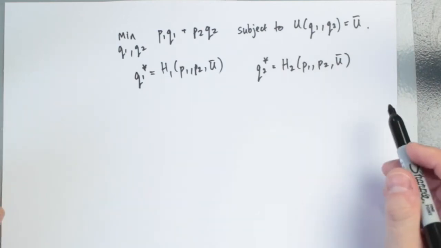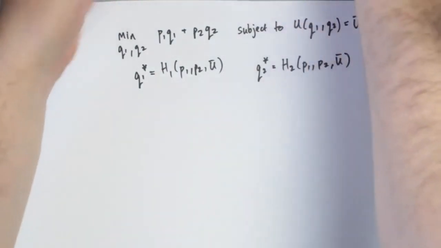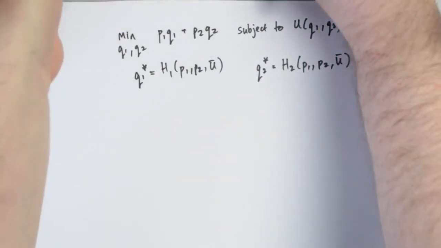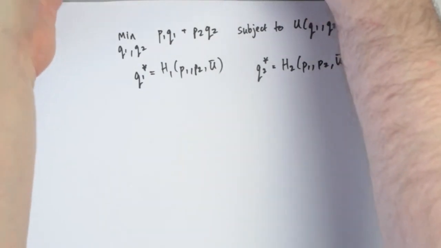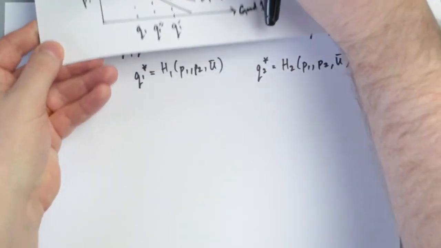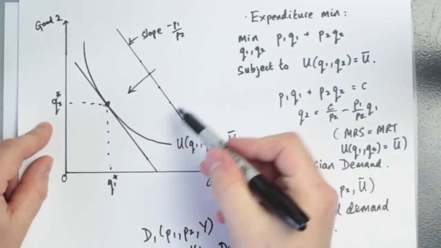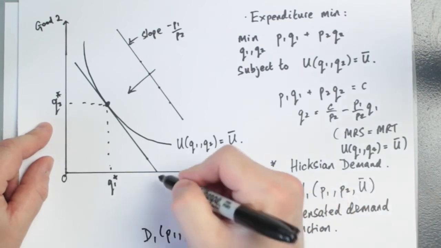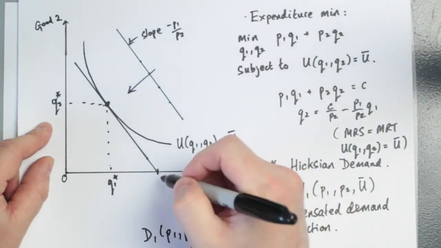Now this doesn't tell us the actual level of expenditure. If I go back to my diagram with the expenditure minimization problem, we could see how to read this off. If we recall this diagram, I could look at this axis here and say, well, how much am I spending along this line? And I could read it off here.